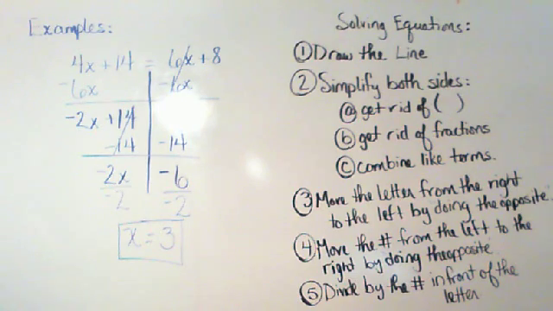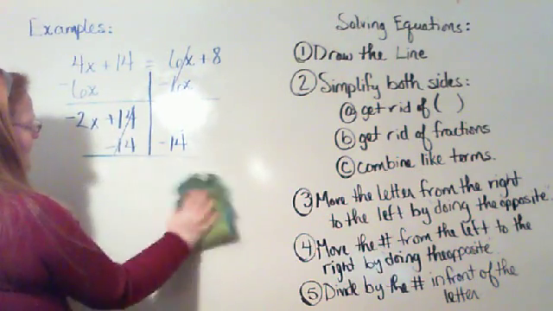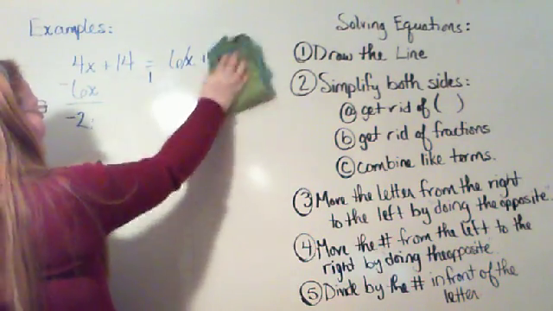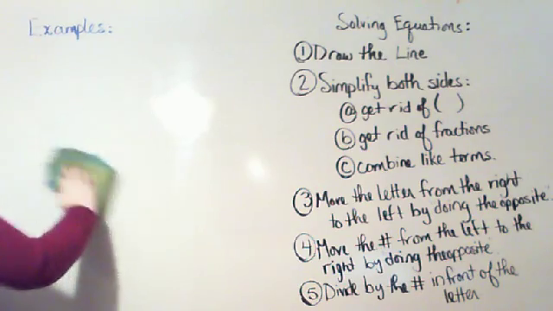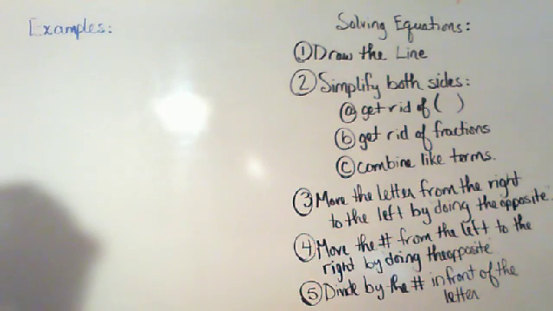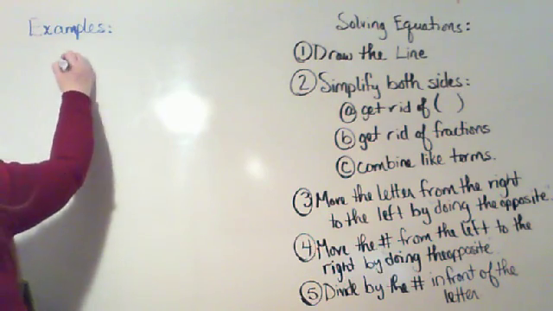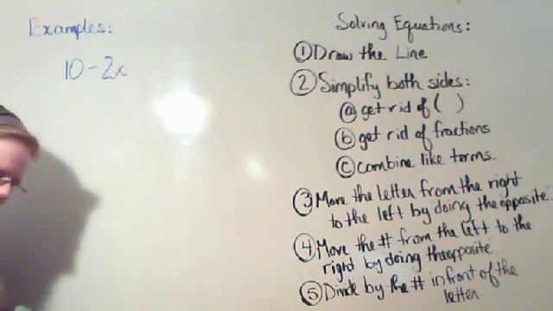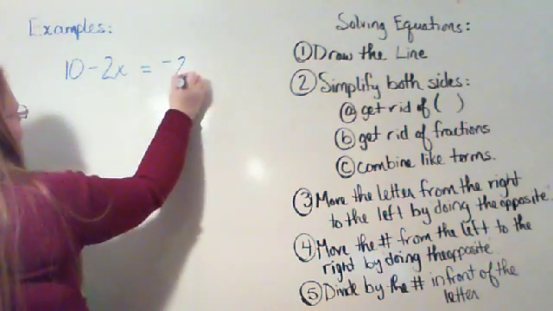I did 1. Now let's see if you can do 1. I want you to try 10 minus 2x equals negative 2.